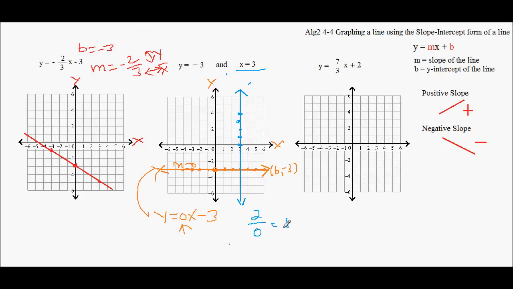If you divide by 0, we call that undefined. Undefined, because we as mathematicians decided that we don't know how many zeros are in 2, infinite or none.